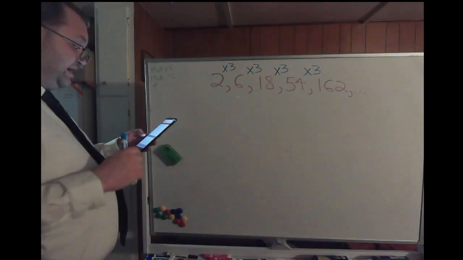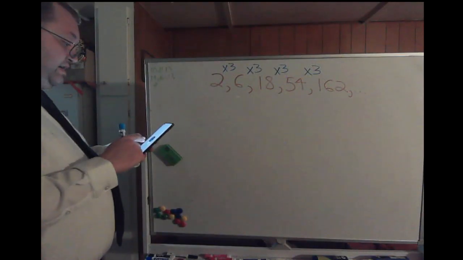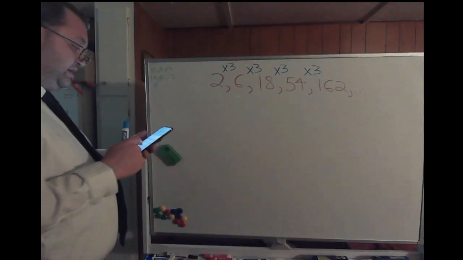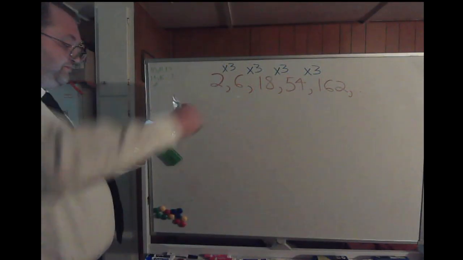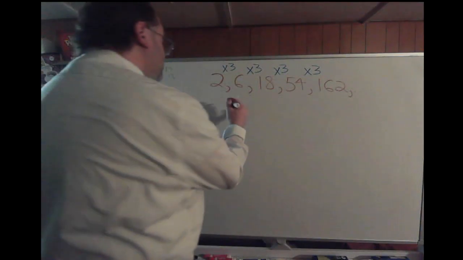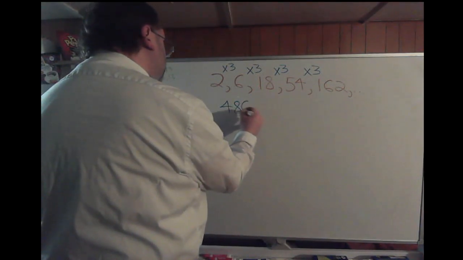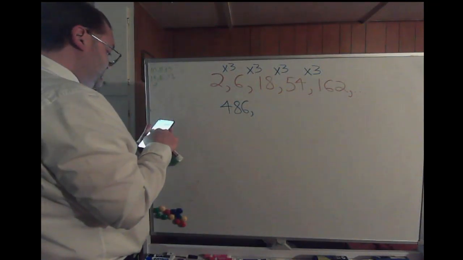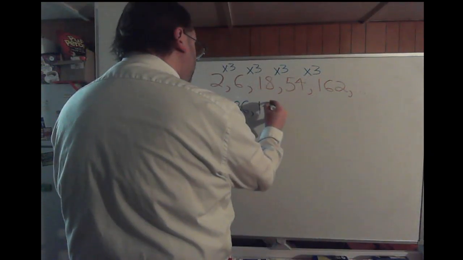So to get the very next term, you're going to take 162 times 3. Looks like that'll give you 486. So the very next term of this list would be 486. Then we'll find the next term, 486 times 3. Well, that'd be 1,458.